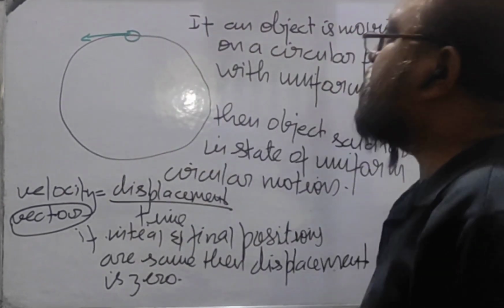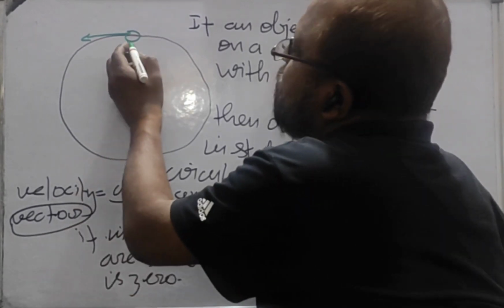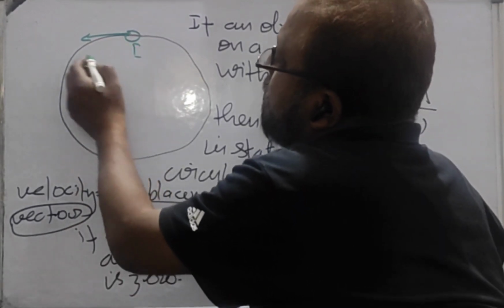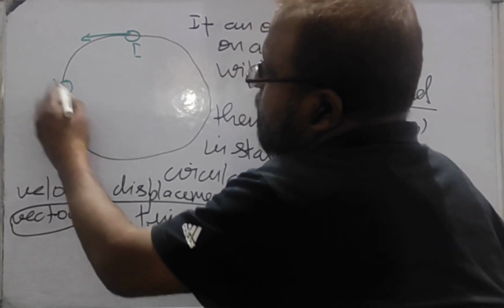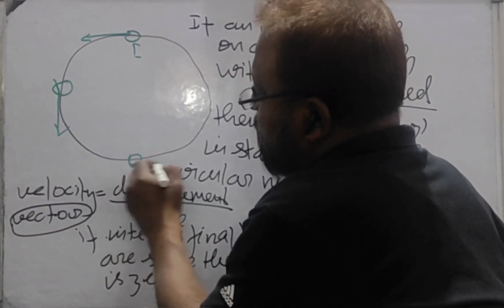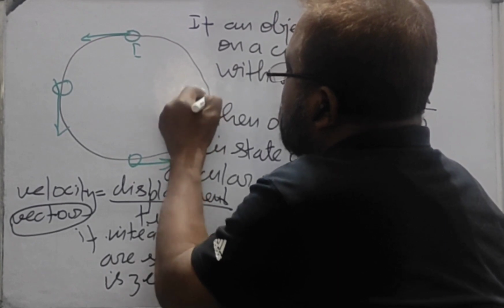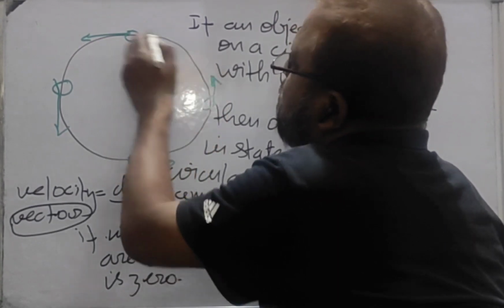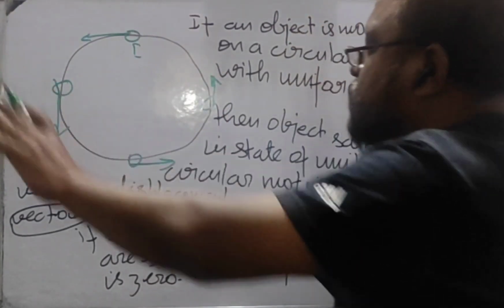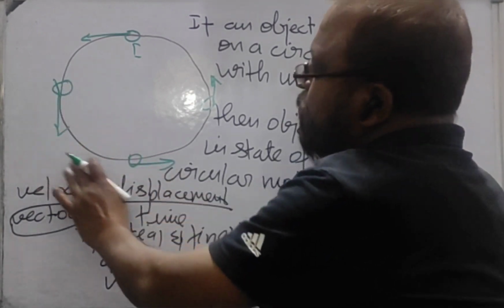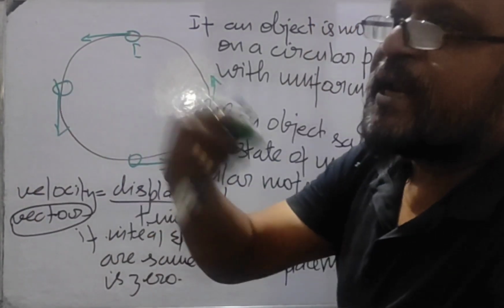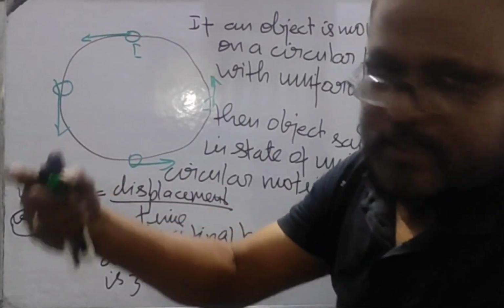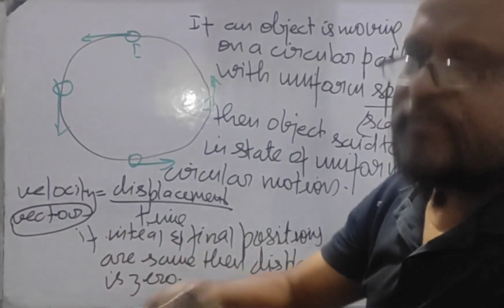So when it is moving on a circular path, if it starts from here, from here it will have a different velocity, from here a different velocity, and when it reaches here, then velocity will be zero. So its velocity is changing during the time. Velocity is changing means its direction is changing.